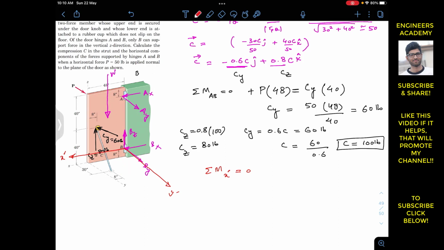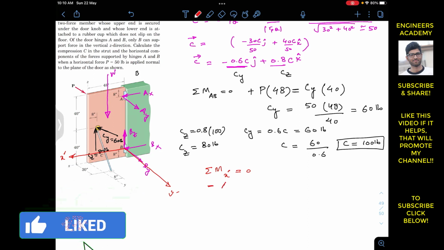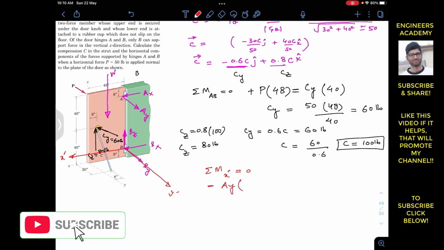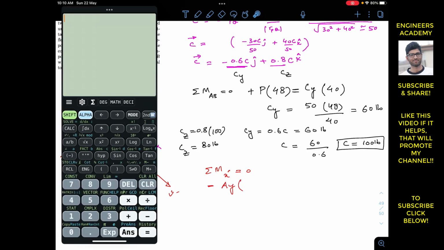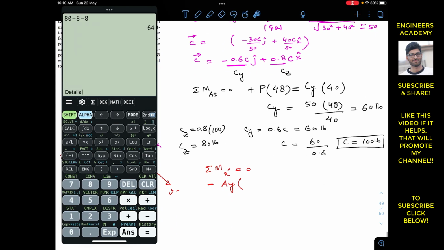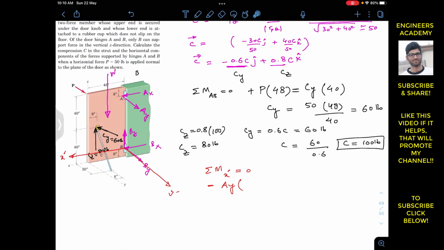So this means that ay is producing the clockwise moment, so I will write minus ay, and the perpendicular distance of this ay from that x dash axis is this total distance, 80 minus 8 minus 8. So this is 64. The perpendicular distance between hinge A and B is 64, so I will multiply ay with 64.